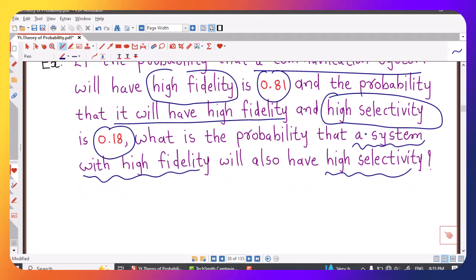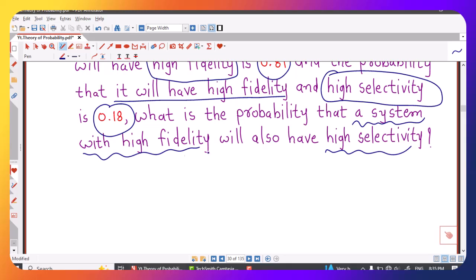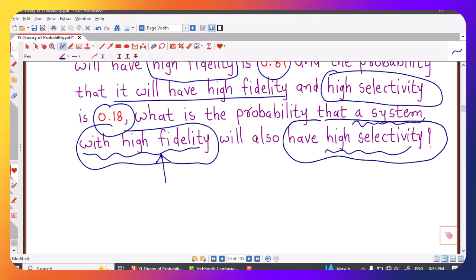So here we have to find the probability that, given that the system has high fidelity, the system will also have high selectivity. From this we can see that the event that the communication system will have high selectivity depends on the event that the system will have high fidelity.